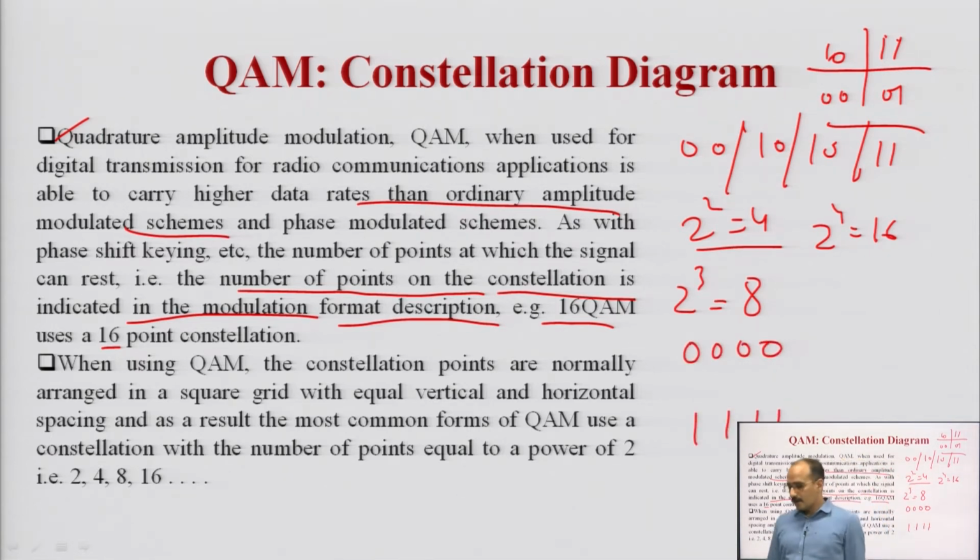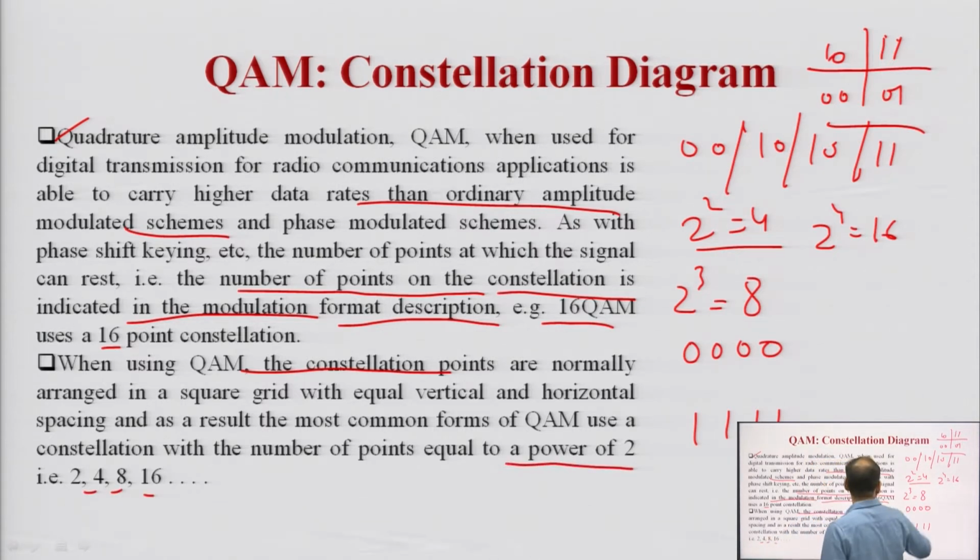So, when using QAM, constellation points are normally arranged in a square grid with equal vertical and horizontal spacing, and as a result the most common form of QAM uses a constellation with a number of points equal to a power of 2, meaning 2, 4, 8, 16 and so on.